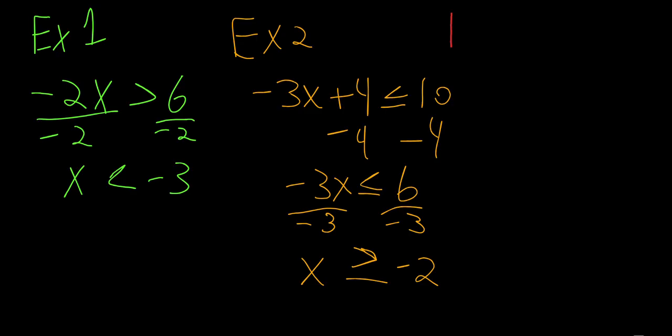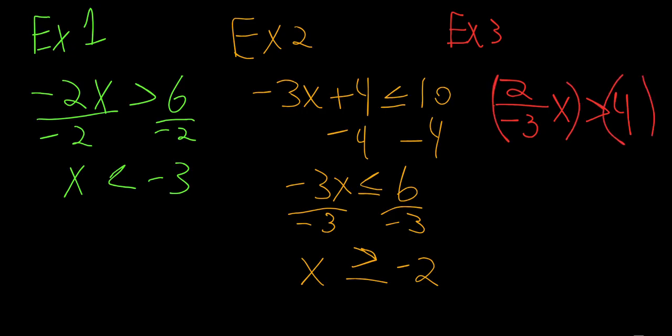All right, let's do one more example. Example 3. Let's say we had, let's try, let's do 2 divided by -3 x is greater than 4. Okay? Now, how do we clear this equation?